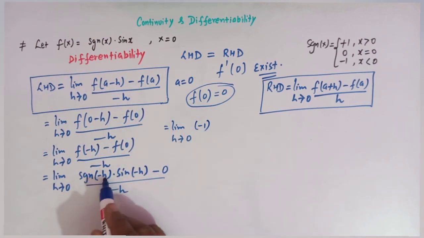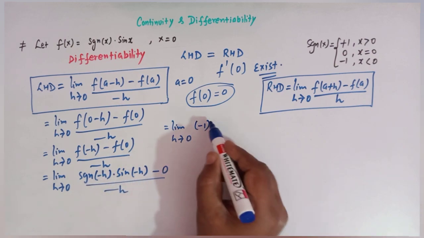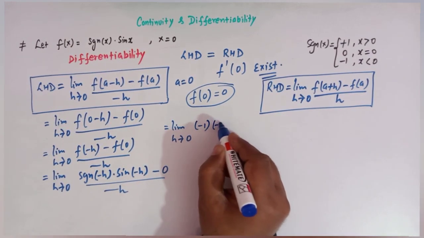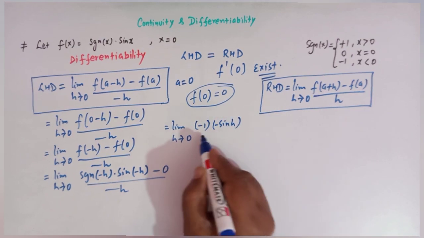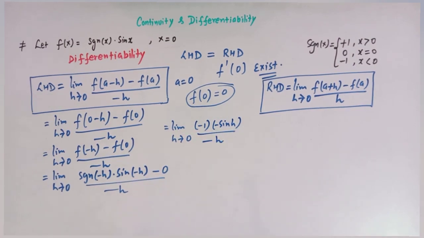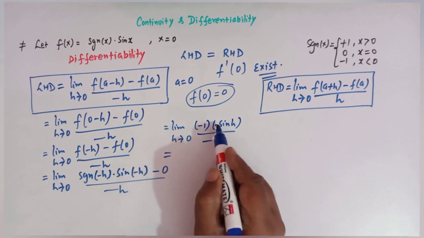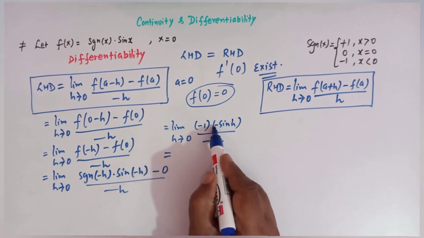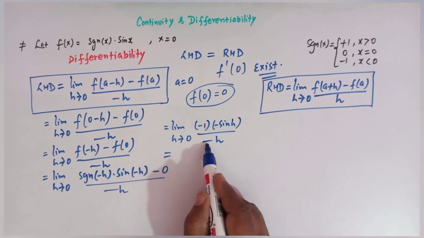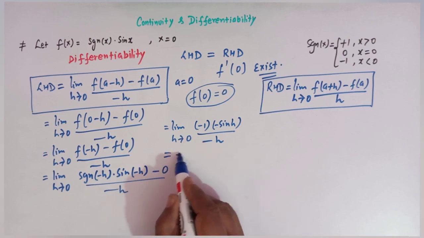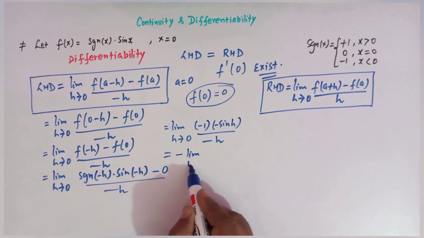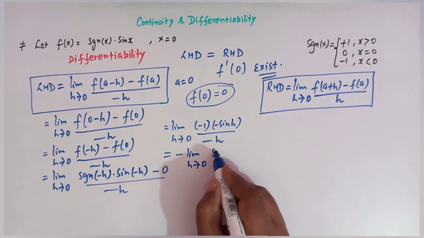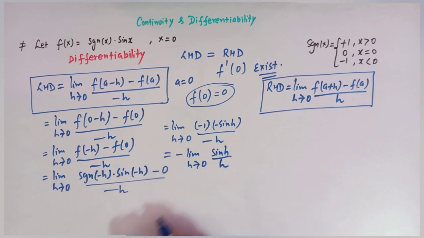So signum of minus h is minus 1, and sine of minus h is minus sine h, and in the denominator we have minus h. So these two minus signs cancel, and we are left with one negative, and we can write negative limit h tends to 0 of sin h over h.